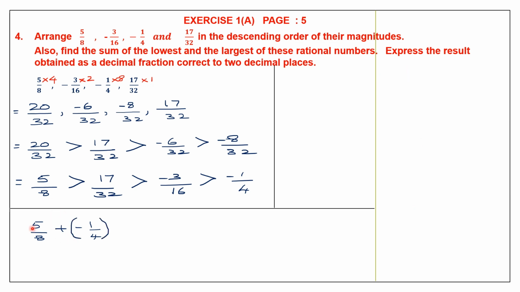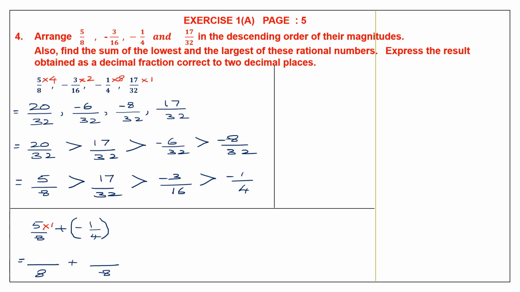Since it's addition and since they're fractions, rational numbers, we have to find the LCM of the denominators. One is 8, one is 4. So it's understood that the LCM will be 8. So this is 8, plus here also we have 8. Let's look at the first one. 8 ones are 8. So we multiply 5 also by 1.